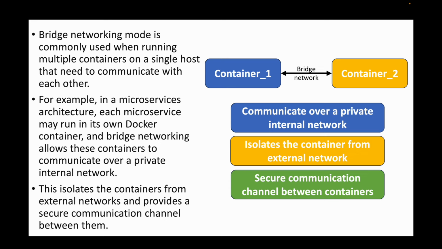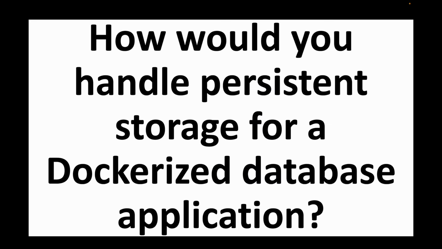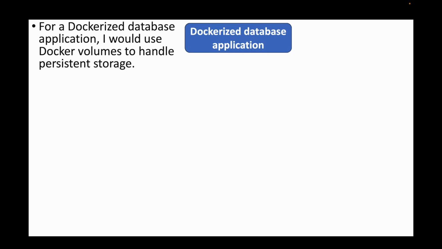The next question we have is, how do you handle persistent storage for a Dockerized database application? For a database application that is containerized, we can make use of Docker volumes to handle the persistent storage.